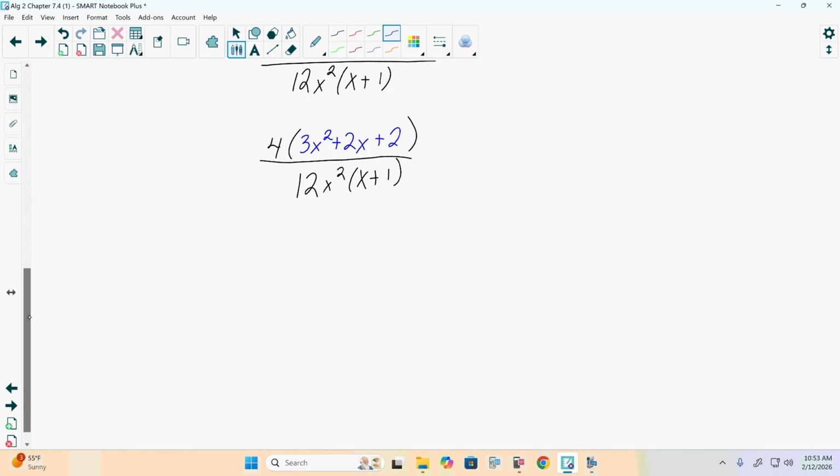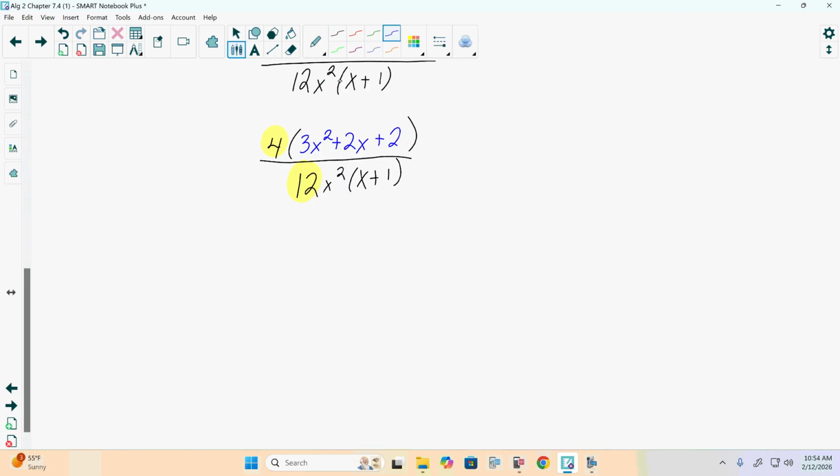Well, yeah, we have the 4 times that entire expression, yes? And on bottom, there's one thing that the 4 is in common with, which is the 12. Does the 12 have a product on bottom? Because we're multiplying the 12 with the x squared and that x plus 1.